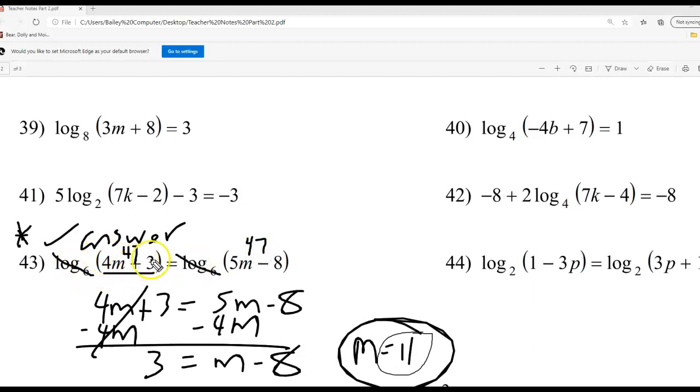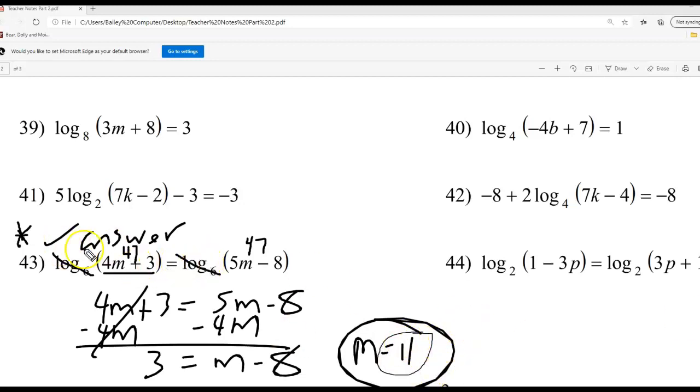We have log base 6 of 47 equals log base 6 of 47. Here's where an issue would come up: what if we got negative 47? If we got negative 47, that's when we would cross this off and say, oh, that's no solution. But it doesn't do that. So in this case, m equals 11 is our answer.